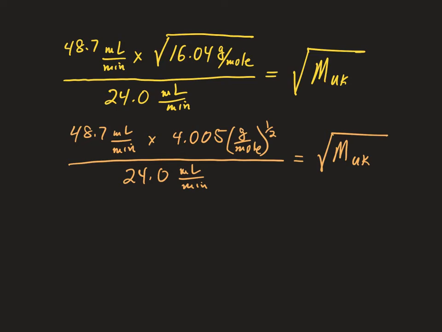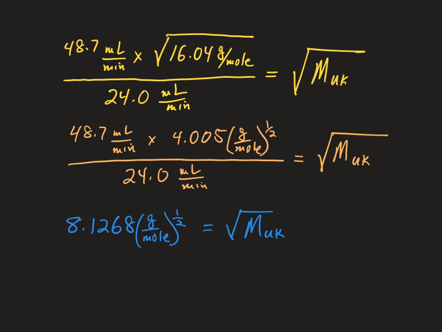That 8.1268 times grams per mole to the 1/2, that's our unit, is equal to the square root of the molar mass of the unknown.